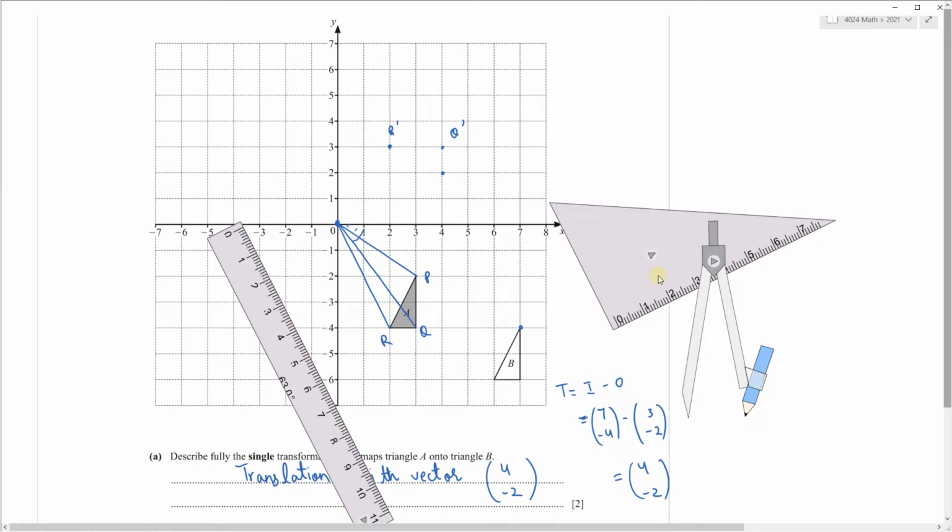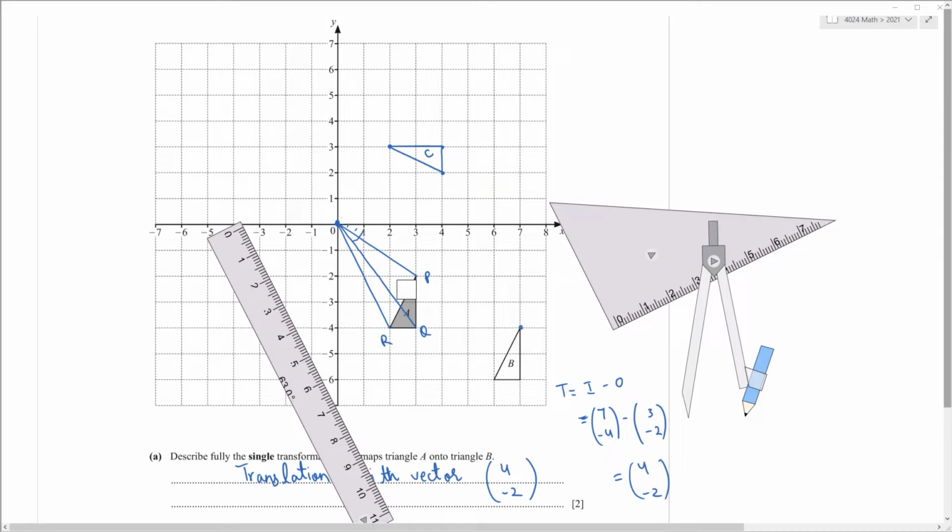So this is our R prime, the image of this point R. And if I connect these three points, I will get my triangle C. So this is my triangle C. I can erase these because they are not required.